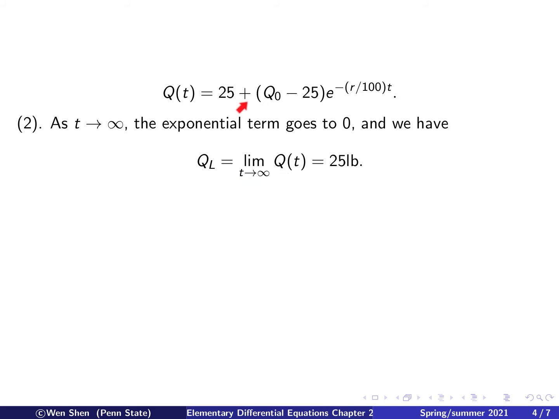And if we look at the expression here, what happens when t goes to infinity? Well, this is a negative number, so this exponential is an exponential decay, and it goes down to 0. And what we have is only the first term, 25. So if you wait a really long time, infinitely long, then there will be 25 pounds of salt in the container.